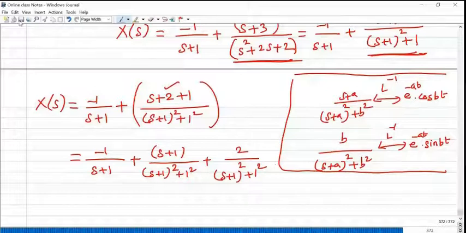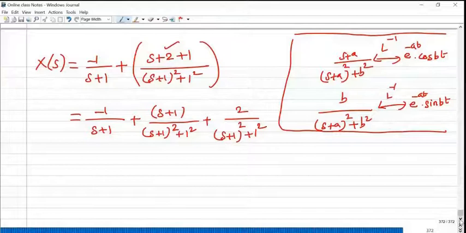Assume 1 square is 1. Now we got the answer in the proper format: s plus a, here a is a constant, and b value 1. So find the inverse Laplace transform.